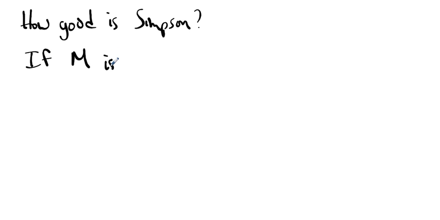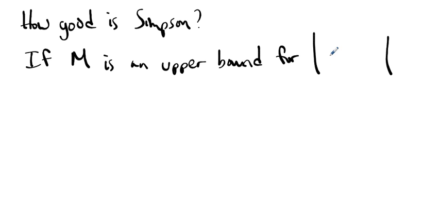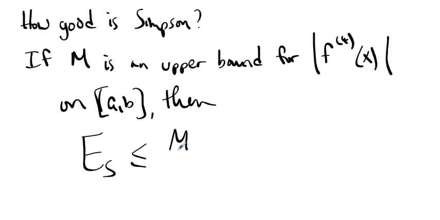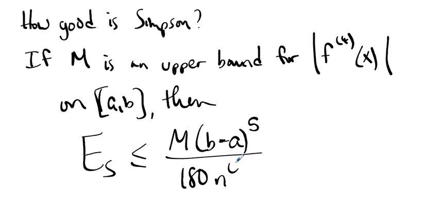If m is an upper bound for the absolute value of the fourth derivative of f on [a, b], then the error on Simpson's rule is less than or equal to that value of m times (b minus a) to the 5th power over 180 n to the 4th.